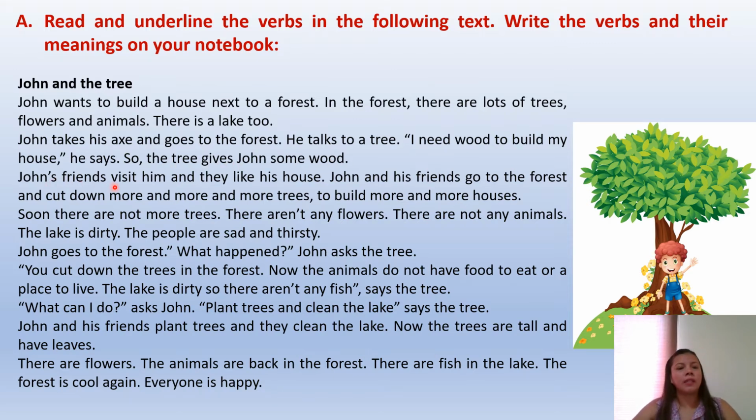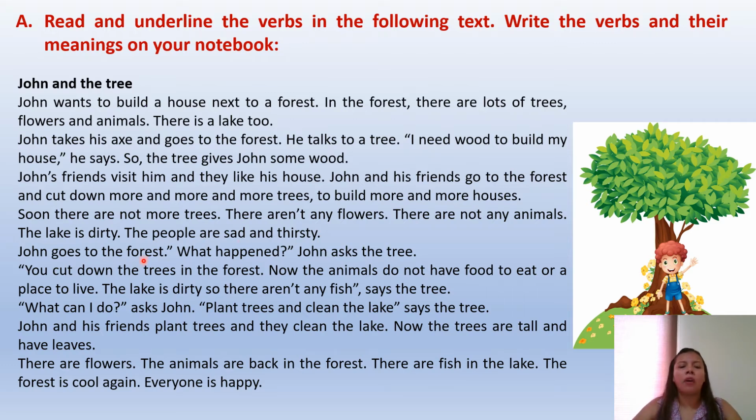John's friends visit him and they like his house. John and his friends go to the forest and cut down more and more and more trees to build more and more houses. Soon there are not more trees. There aren't any flowers. There are not any animals. The lake is dirty. The people are sad and thirsty.